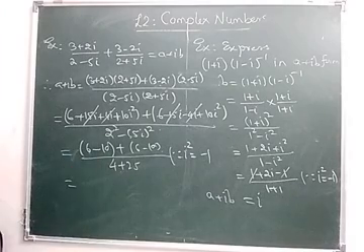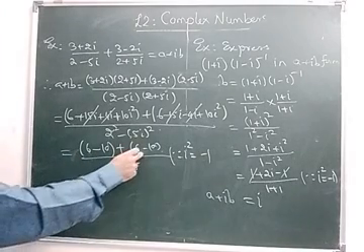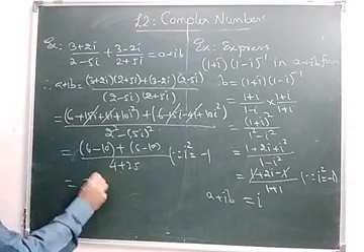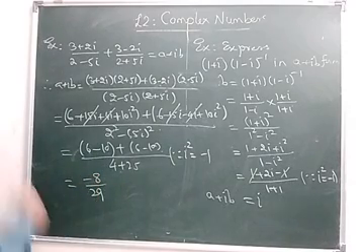Then 6 minus 10 is minus 4 plus minus 4, that is minus 8 upon 29.